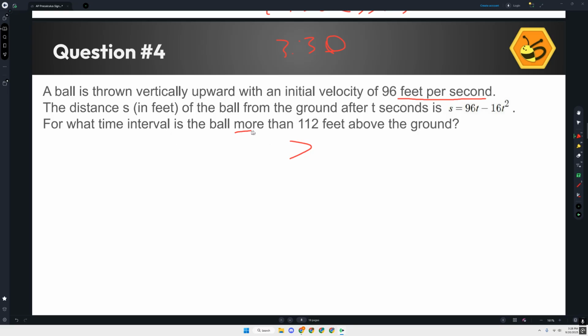And it says more than, so it means it's not equal to. Then we have 112 on the other side, and then we have 96t. From there, you just use Desmos to find your interval of values.